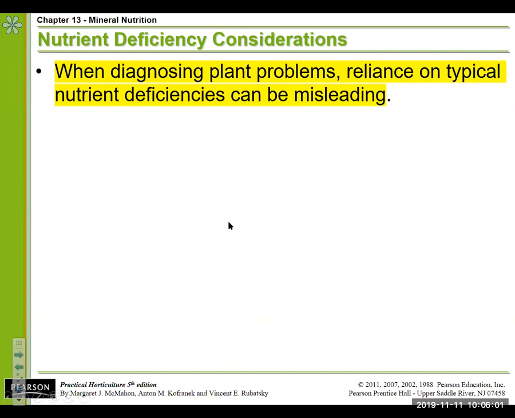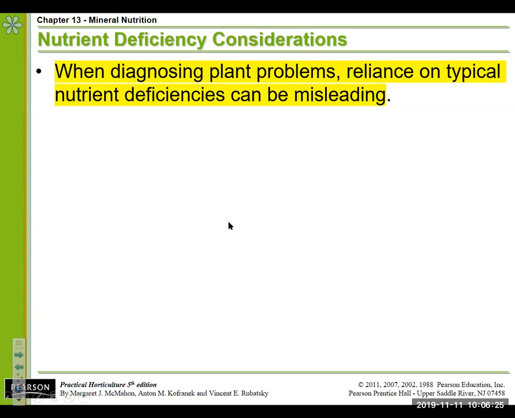Whenever we're diagnosing plant problems, first we need to look at the nutrient deficiencies, and ideally we can look at that at the plant level and the crop itself. Ideally, we're going to try to correct those ahead of time by looking at a soil test. So we want to look at multiple symptoms.